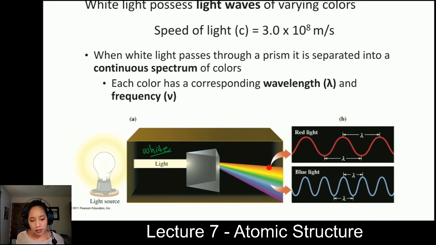Red light is our longest wavelength, meaning that the tops of the wave are furthest away from one another, while blue or purple, which is our shortest wavelength, has crests closer to one another. So essentially a prism will separate that white light into the rainbow features that we're used to.